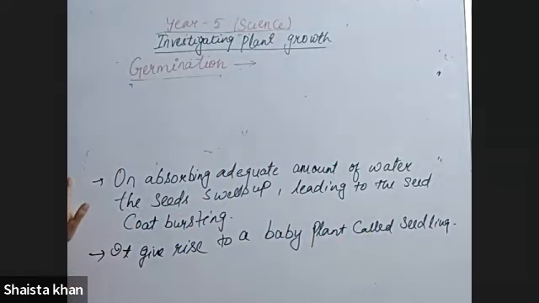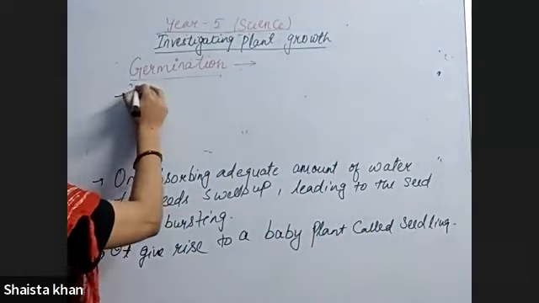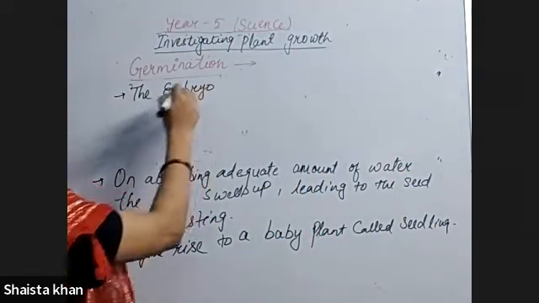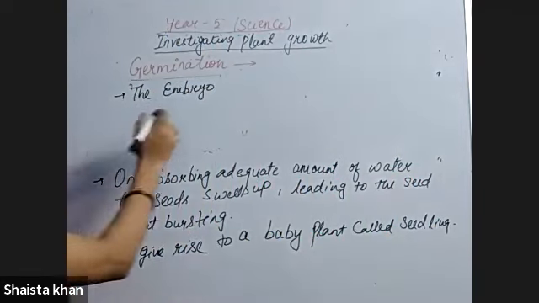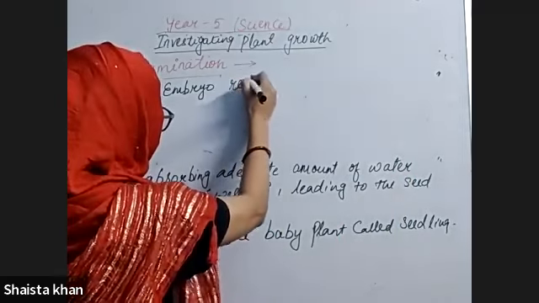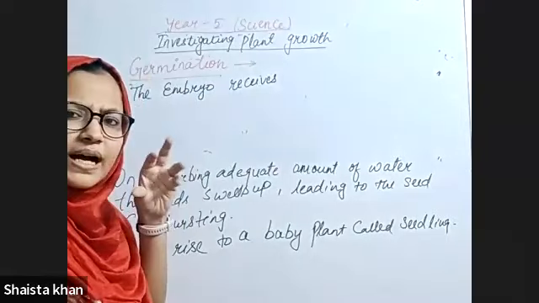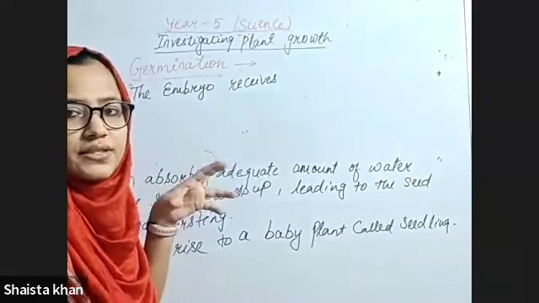Okay, that's it. The last point is the embryo receives nourishment. Receives from where? The part where food is stored in the seed.